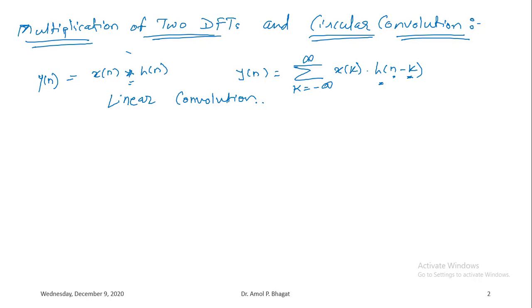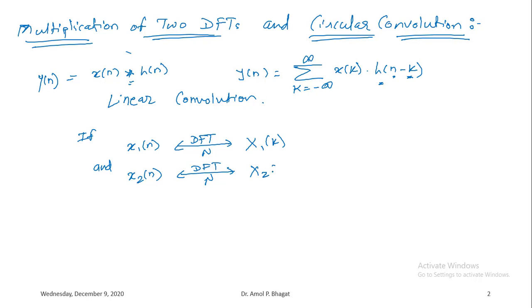As per this circular convolution property, if there are two discrete time signals, the discrete time signal x1 of n with N-point DFT denoted as x1 of k, and the second discrete time signal x2 of n with N-point DFT x2 of k, then the multiplication of these DFTs in the frequency domain will be simply indicated as x1 of k into x2 of k.